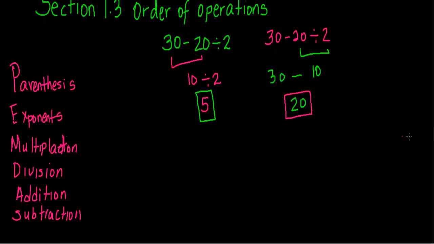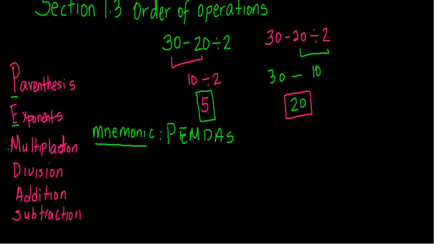Now, we use a mnemonic, and a mnemonic is something that helps us remember or memorize something. The mnemonic we use is the word PEMDAS. Notice this word comes from the first letter in each one of these words. And this is not really a word, PEMDAS.